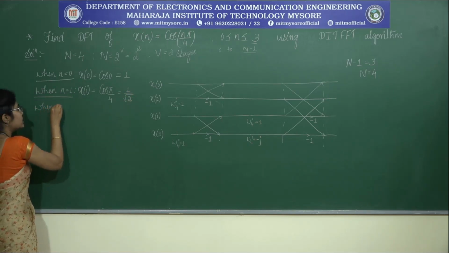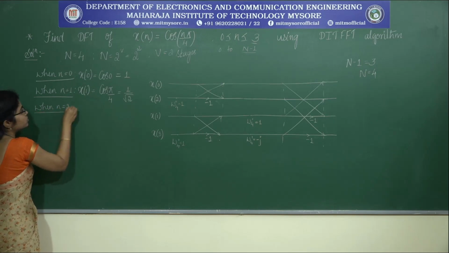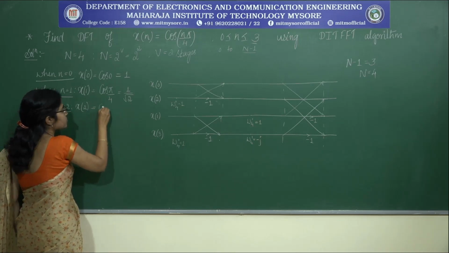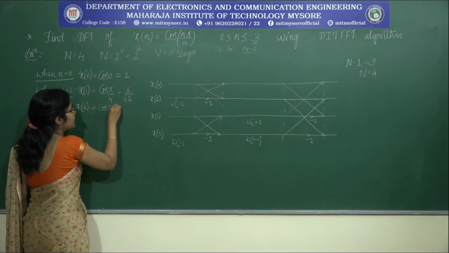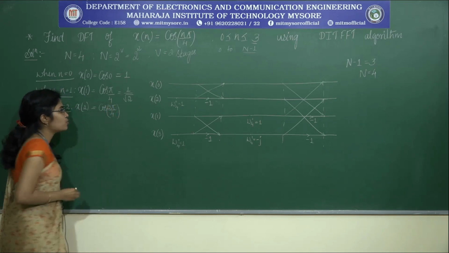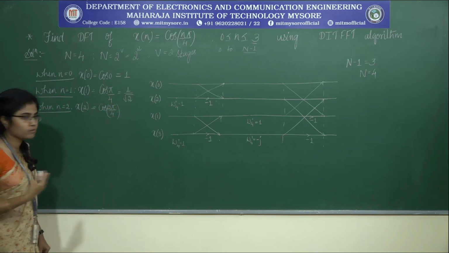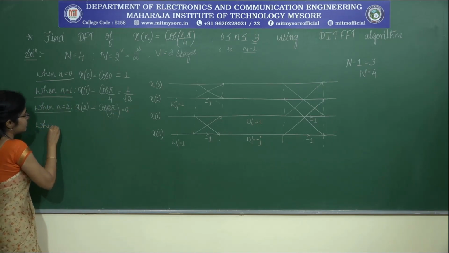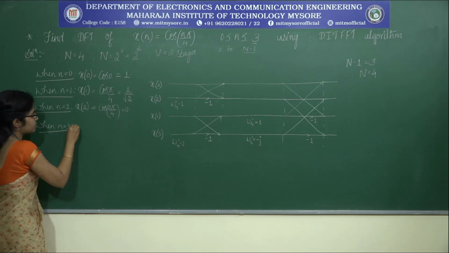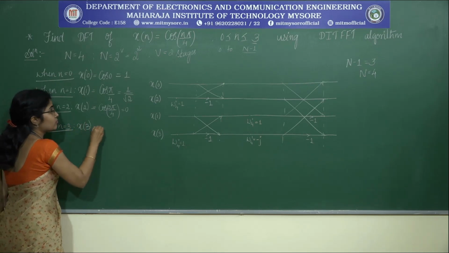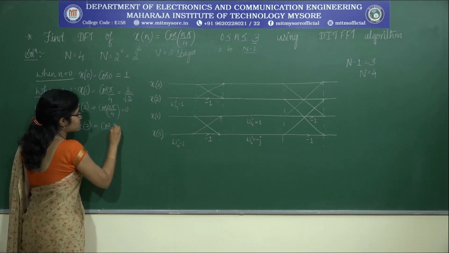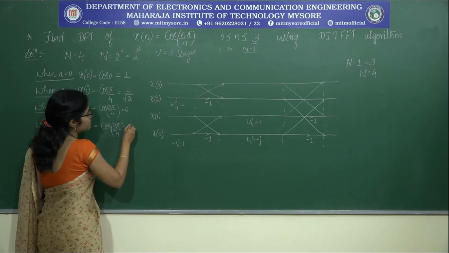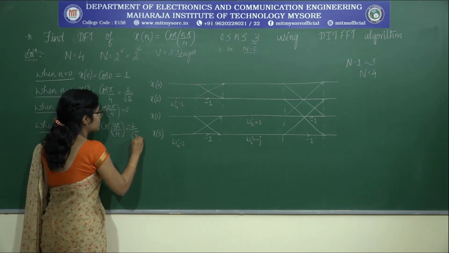Similarly, when n is equal to 2, x of 2 will be equal to cos 2 pi by 4. So, cos 2 pi by 4 is equal to cos pi by 2. We know cos pi by 2 is nothing but equal to 0. When n is equal to 3, x of 3 will be equal to cos 3 pi by 4. Okay. What is cos 3 pi by 4? That is equal to minus 1 by root 2.